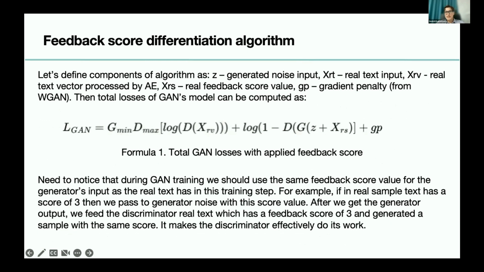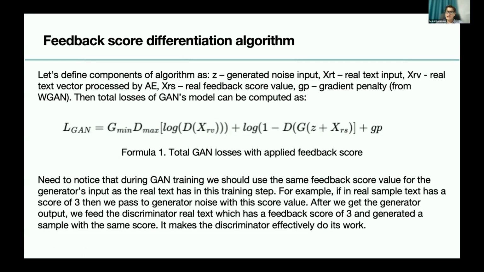So the basic formulation of the model will look like this. I will not explain this formulation in detail because it's the basic formulation of GAN networks plus the calculation of gradient penalty, which was introduced in the GAN networks paper.